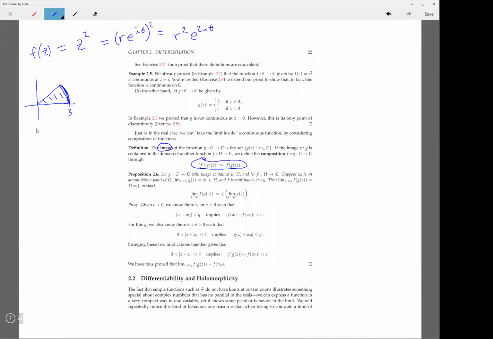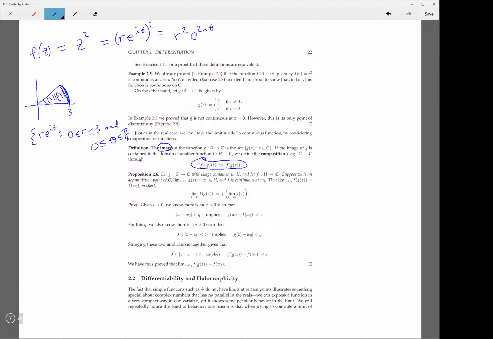You could describe this wedge as the points r e to the i theta, where r is between 0 and 3, if I want to include the boundary, and theta is between 0 and pi over 4.